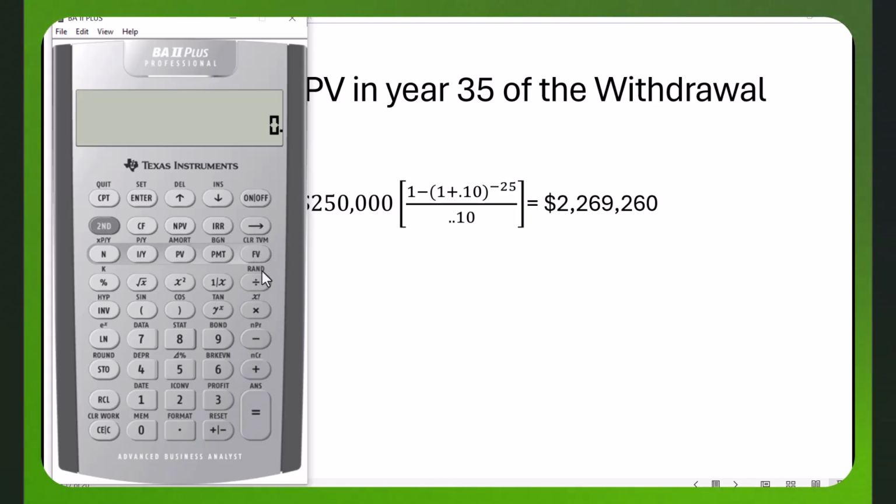Second, clear TVM, right? Clear the workspace here. And we're going to put in 25 as N. The interest rate is 10% in this case. And you want to withdraw 250,000. And we compute the present value. So we get 2,269,260.